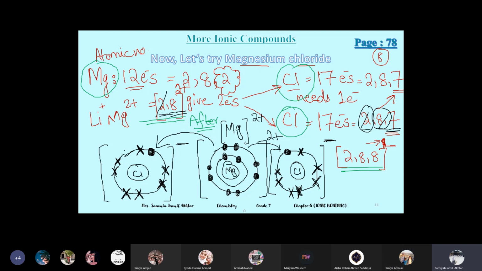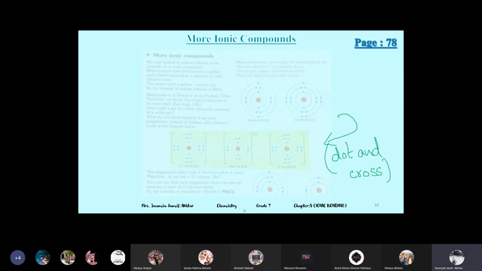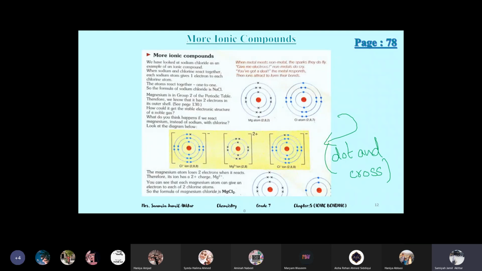Now I'm changing the slide. See the book page, more ionic compounds, page 78. We have looked at sodium chloride as an example of an ionic compound. When sodium and chlorine react together, each sodium atom gives one electron to each chlorine atom.